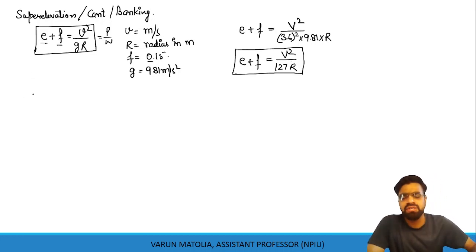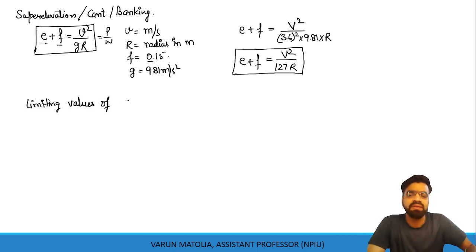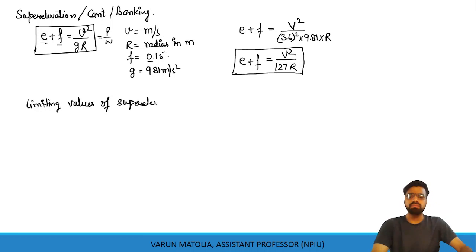The limiting values of super elevation which we talked about were, for urban roads, 0.04 or 4%.